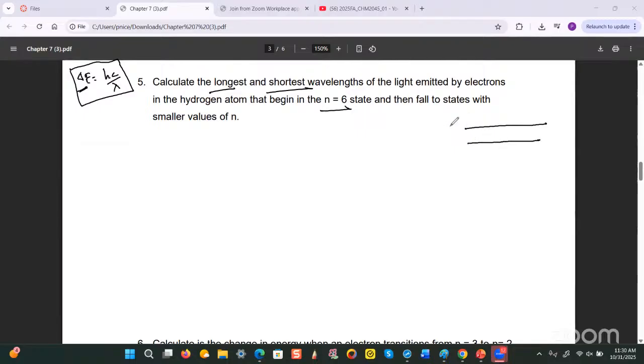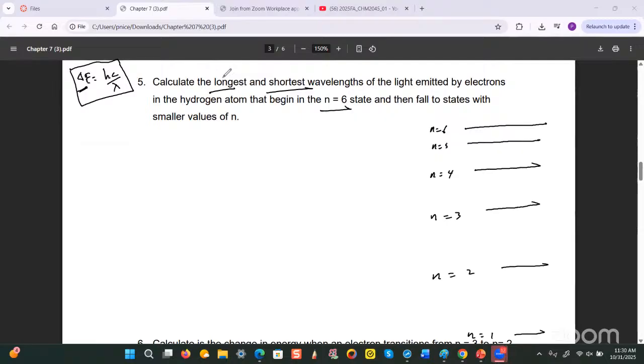So this is n equals 6, this is n equals 5, then n equals 4, then n equals 3, and then this is n equals 2, and this last one, which is closest to the nucleus, is n equals 1. You'll notice how I space them out, because as you go from one orbit to the next, higher and higher, the spacing decreases between the orbits in terms of their energy, right?